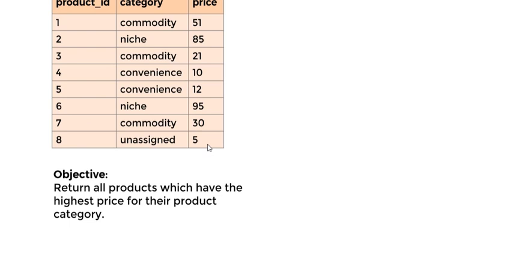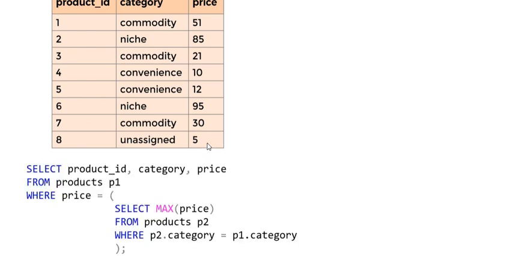We can do that by writing the following query, a correlated query. Just select the employee ID, category, price, or here product category, price, from products, the same table. Where price is equal to the max price.